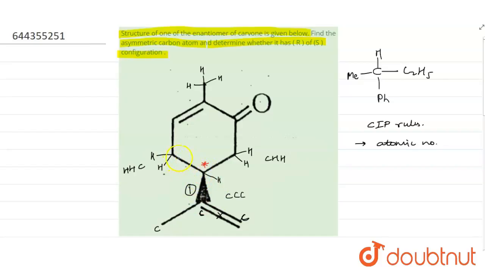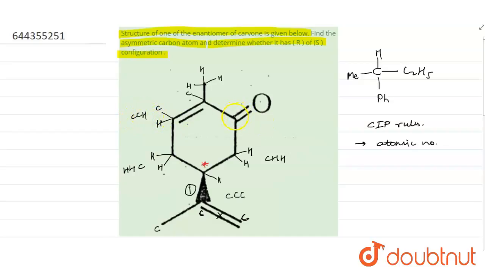Now, in between these two groups, we have to go further to see which one should be prioritized. So I'm going to this group. This group has sp2 hybridized carbon here. Here also it is going to break into two carbons. So here we can see that it is CC and one H is there. H was also there. So that's why CCH will be here.